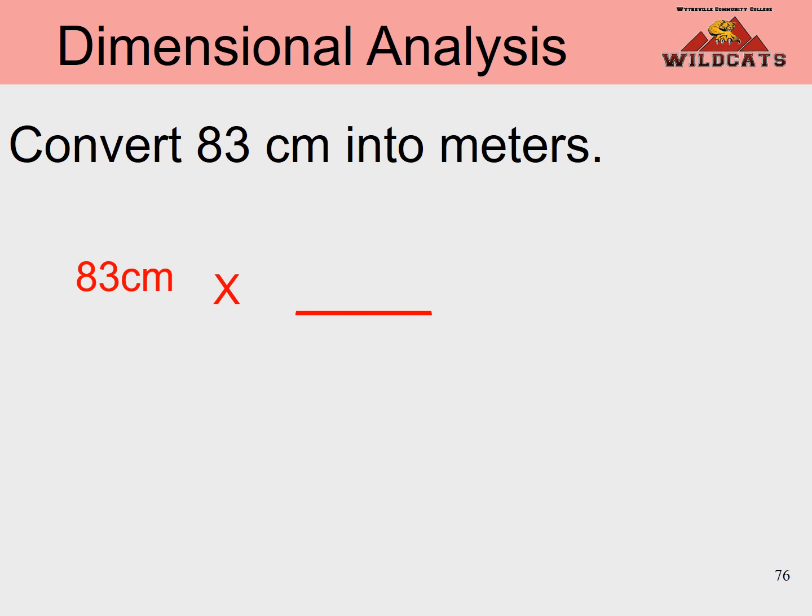Haven't done anything complicated yet. So I don't want centimeters, I want meters. If you remember in your math class, if you want to get rid of something, you multiply by its reciprocal. So if the unit is in the top, I put it in the bottom. If it's in the bottom, I put it in the top. Right now I've got it in the top, I want to get rid of it, so I'm going to put it in the bottom. I want to find meters, because I've gotten rid of centimeters.